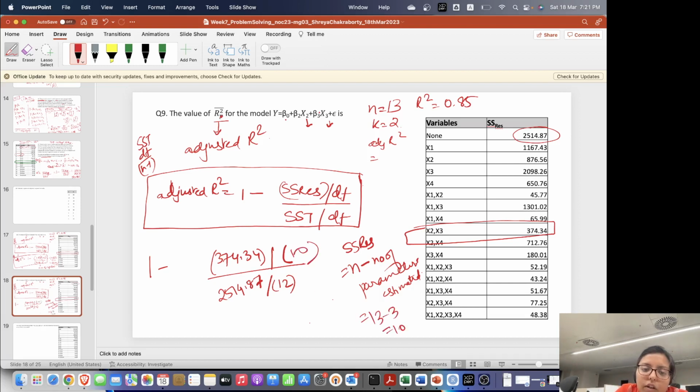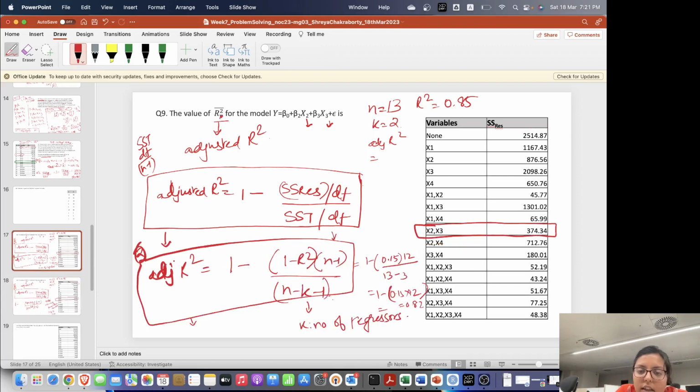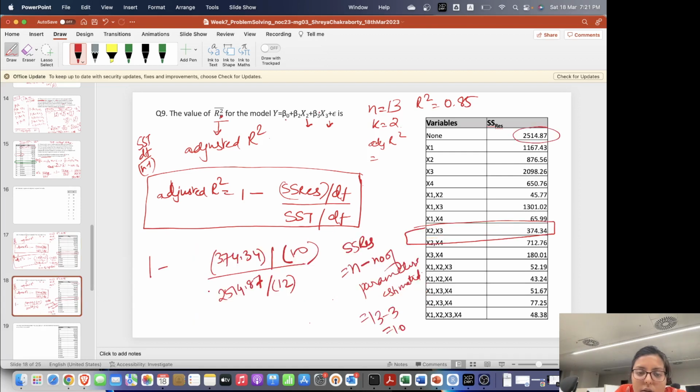If we compute this and check with the other one, it's almost similar. 0.15 is that value, the R square value, and this will become 12 by 10 into 1 minus R square. So these two are equivalent formulas. You can use either one of them.